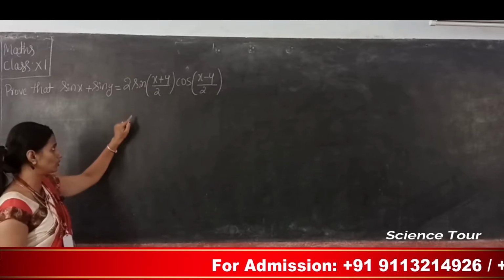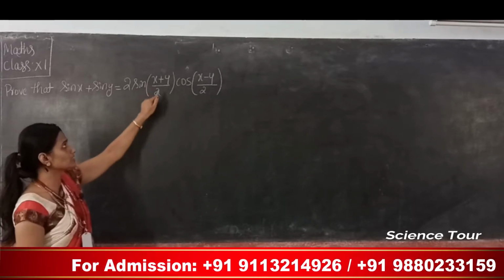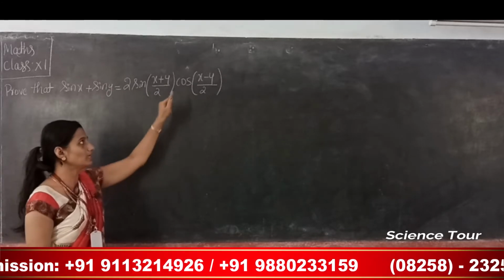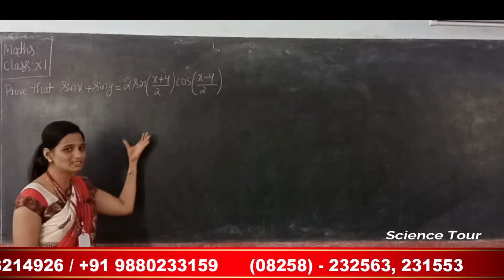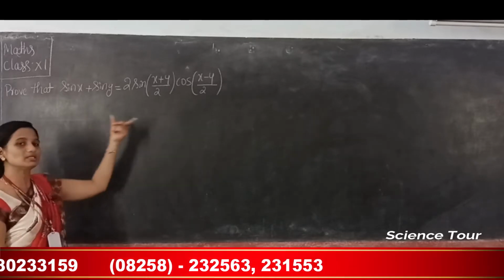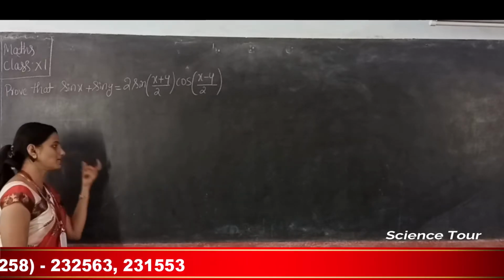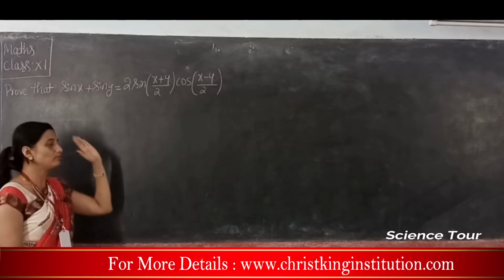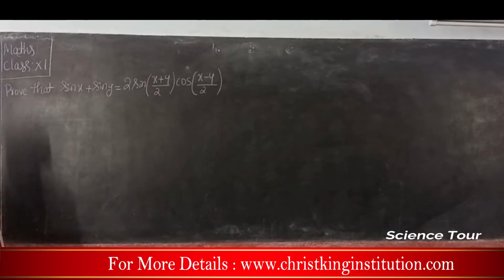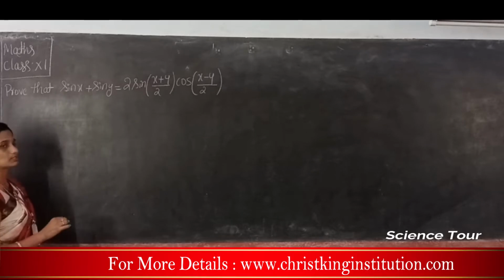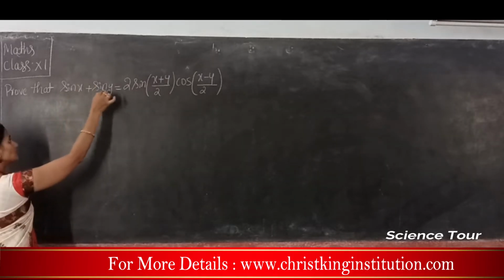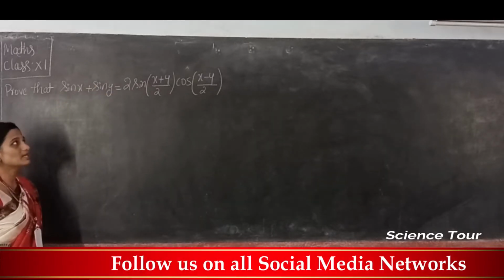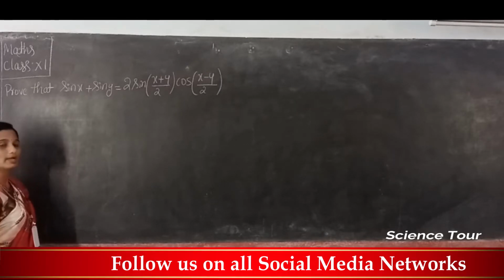It is equal to 2 cos (x plus y)/2 sin (x minus y)/2, and similarly cos x plus cos y and cos x minus cos y. Now we will discuss the proof of those 4 formulas. In that, the first proof is this one, that is sin x plus sin y is equal to 2 sin (x plus y)/2 and cos (x minus y)/2.